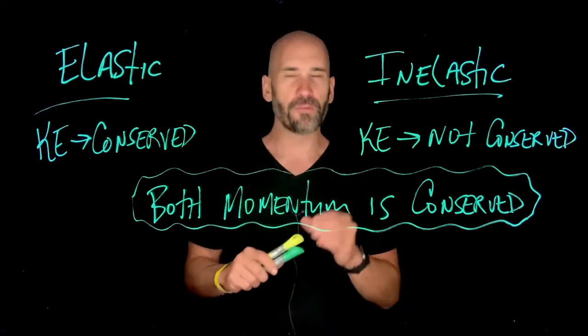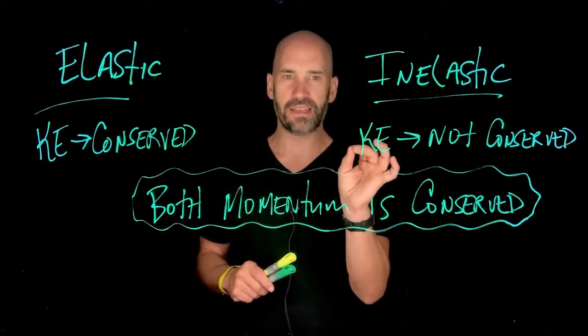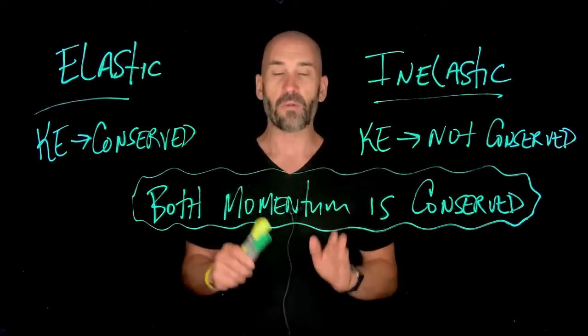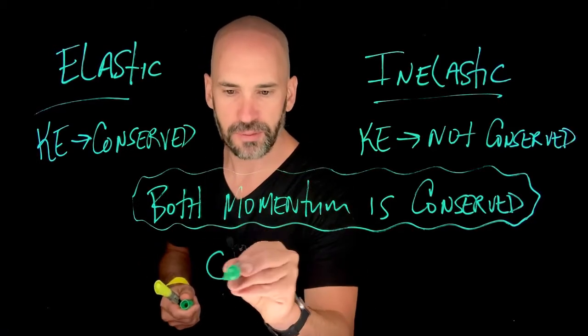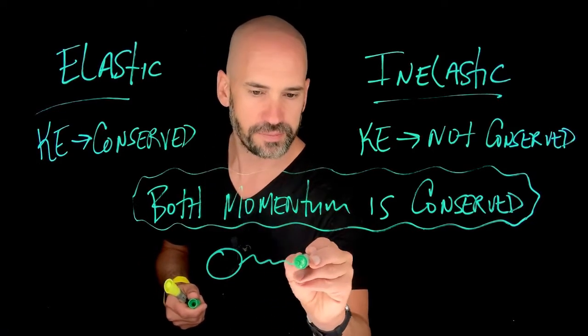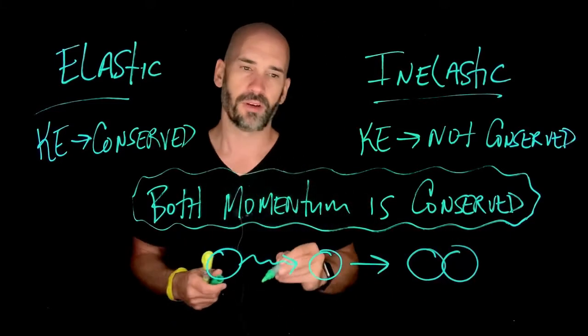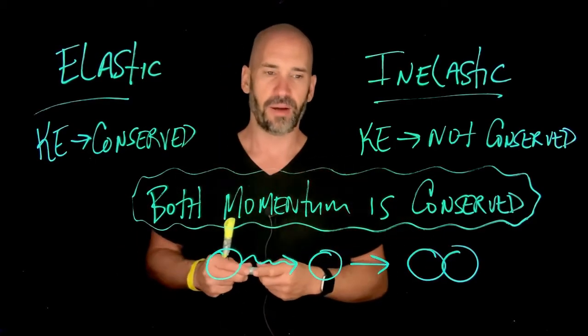But it's helpful to sometimes know for sure if something is an inelastic collision, even if they don't tell you. And one way you know for sure is anytime you have two objects that collide, and then they end up sticking together. That is always going to be an inelastic collision.